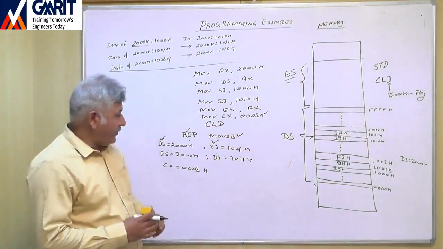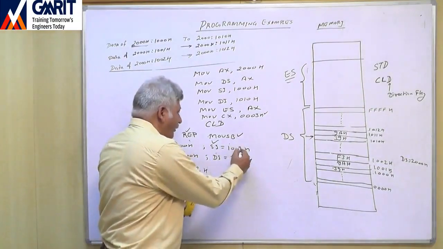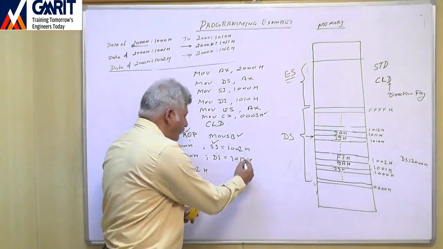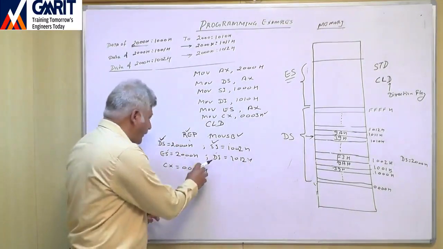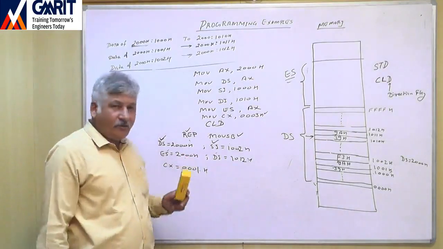After transferring the data, SI will again increase by 1. So now it will become 1002. DI will be increased by 1, it will become 1012. And CX will decrease by 1 and it will become 1. Now again CX is not 0.